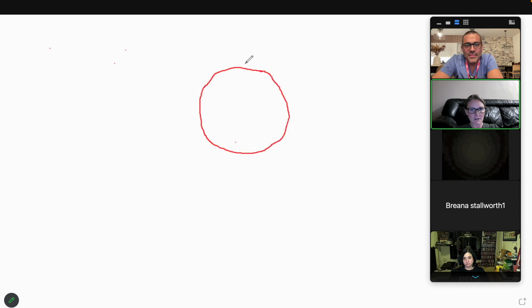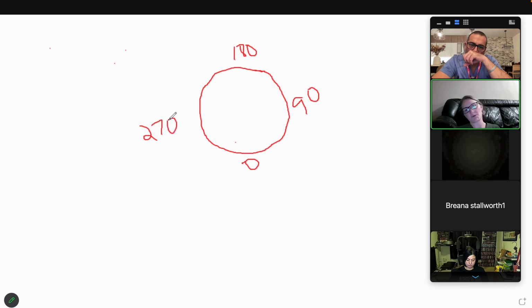Here's our gantry. Here's 180 at the top, 0 at the bottom. 90 at the patient's left, always 90. 270 at the patient's right, right? If my patient was prone, what would you call this angle at 300?